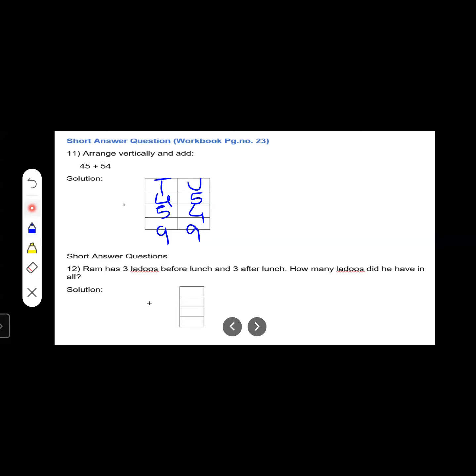So it is units. Units means singles, 1 digit number. So no need of tens over here. Only you will write units. Then here you will write 3. Again you will write 3.